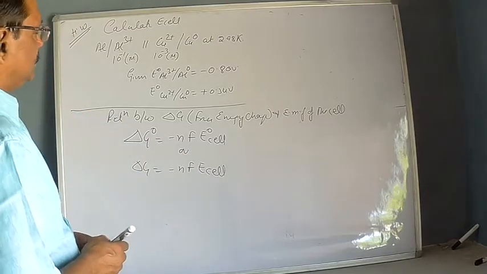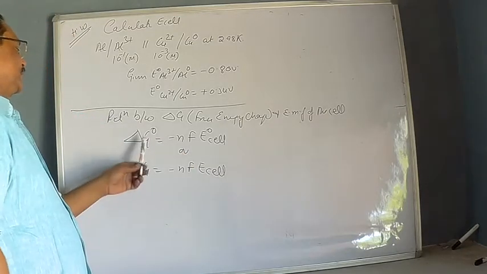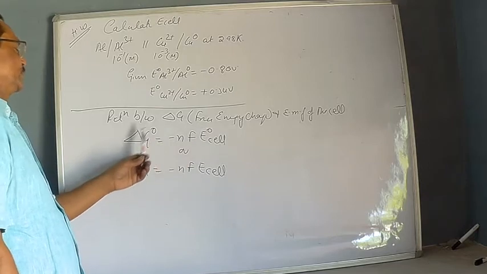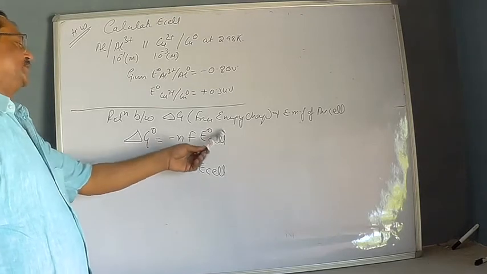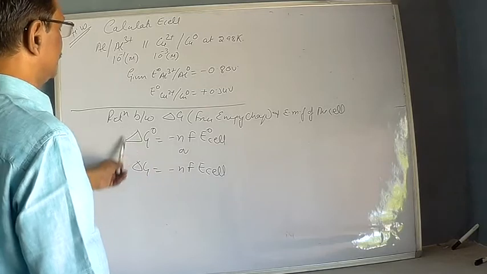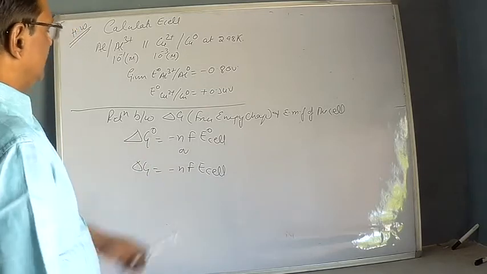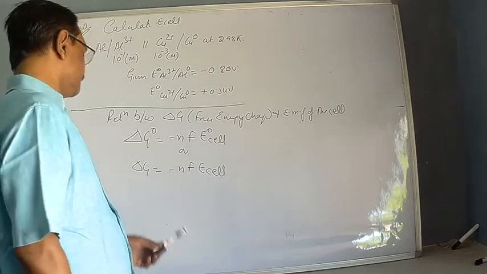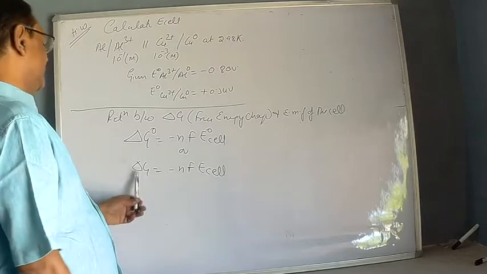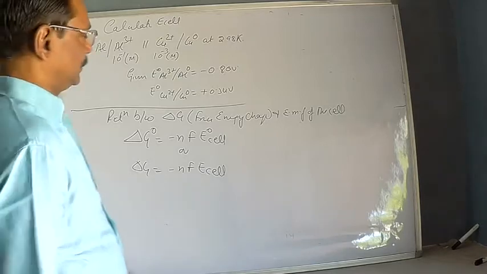Both are the same expression, only the first one contains 0 over here, it means standard state. If I am putting standard EMF over here, we'll get my standard value of delta G. If I am putting any other value of EMF at any given condition, I'll get my free energy change at that given condition.